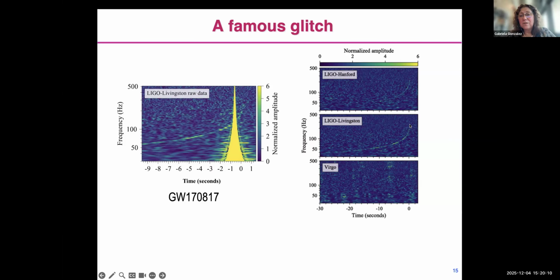But in Livingston, we only had this very pretty clear signal after we subtracted this huge glitch that almost fooled the early alert system that we had, and it was humans paying attention, the ones that allowed this early alert to go out and alert the astronomers and get all the astronomy we had from that time. So these are important things to take care of.